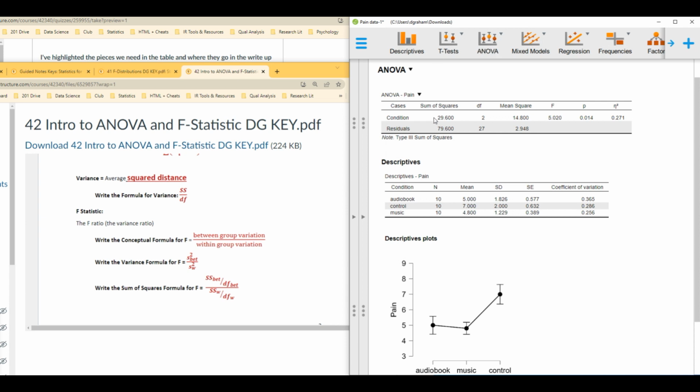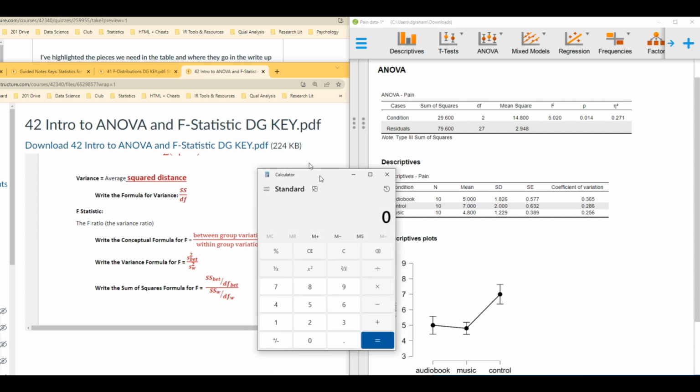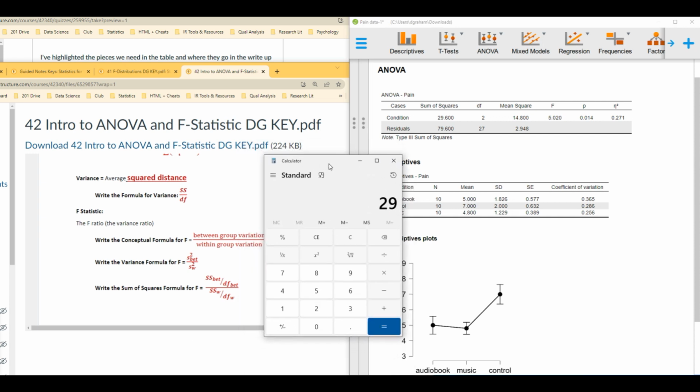So if we come over here and we look at our SS, sum of squares, 29.6, divide it by the degrees of freedom, like we see here, divide by 2, and we get the mean square, 14.8.